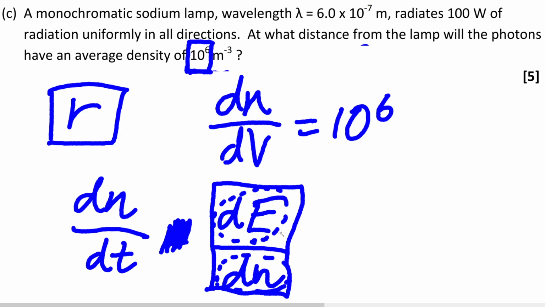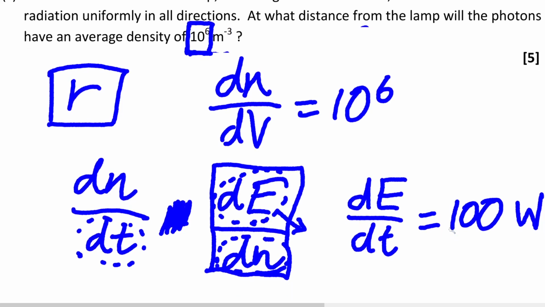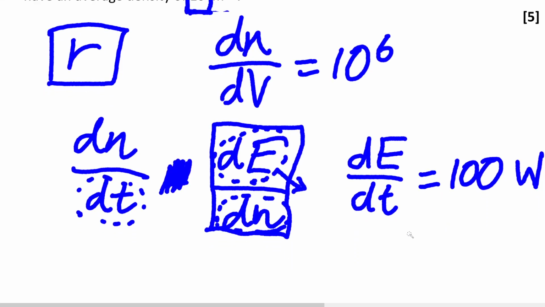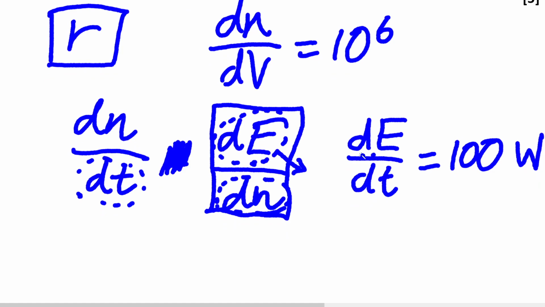And we could further think about this infinitesimally small amount of energy to get this dt, in the sense that dE by dt is going to be the power released by the lamp. Because that's given in the question. That's a piece of data we know about the experimental situation already. 100 watts is the amount of power emanated by the lamp. 100 joules of energy per second, or some corresponding amount of energy over that particular amount of time.